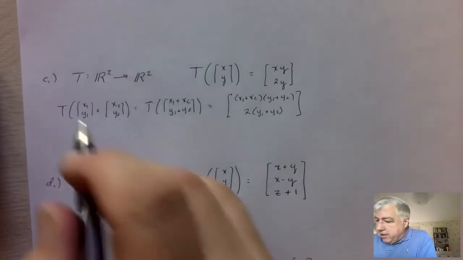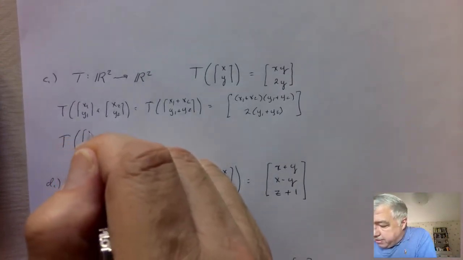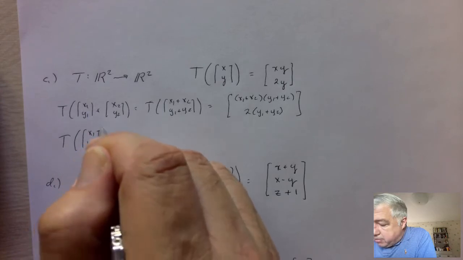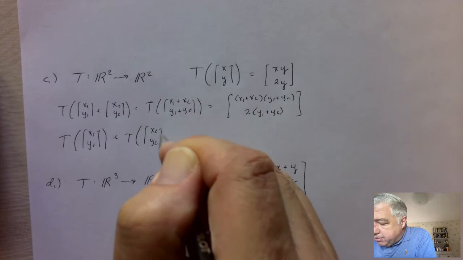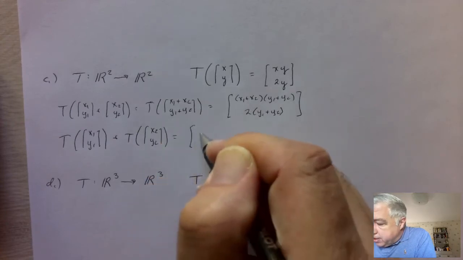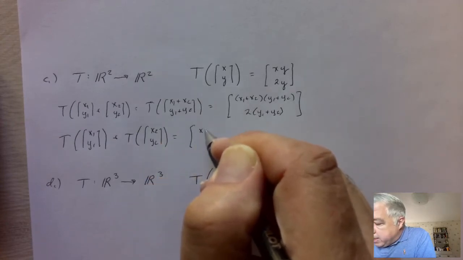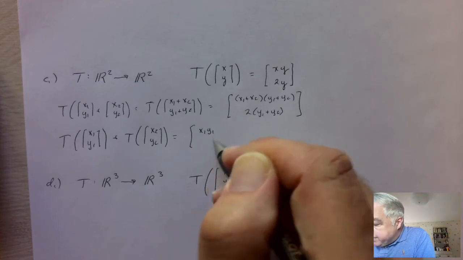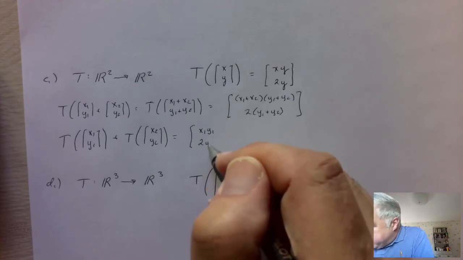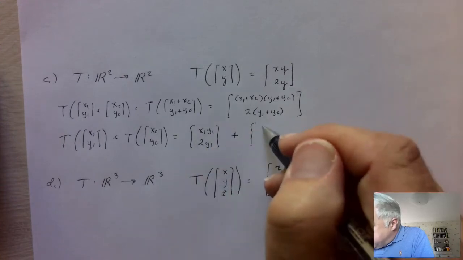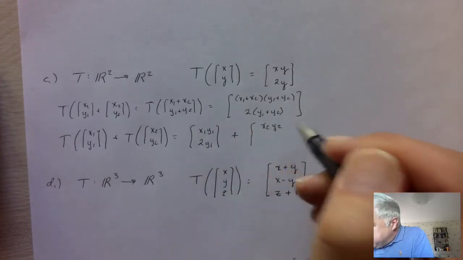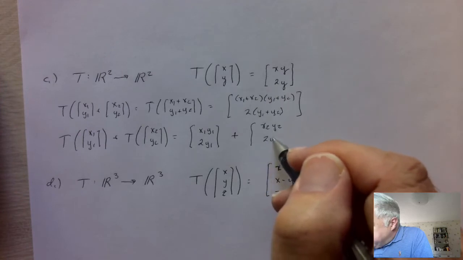Whereas if you compute T of (x1, y1) plus T of (x2, y2), this is going to be (x1 y1, 2y1) and this will be (x2 y2, 2y2).